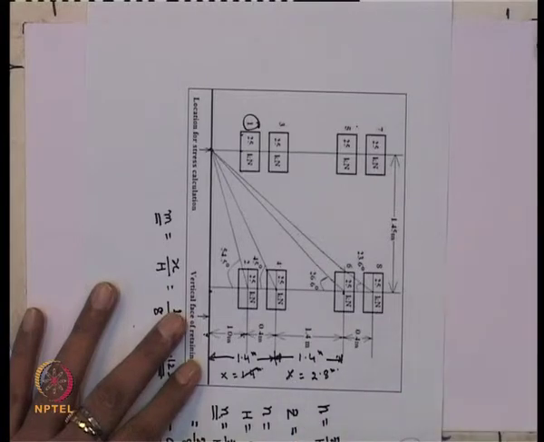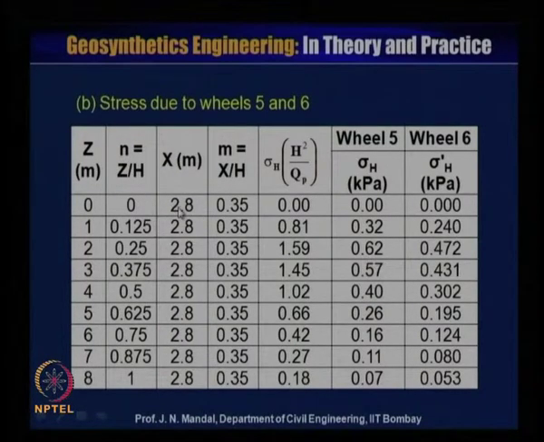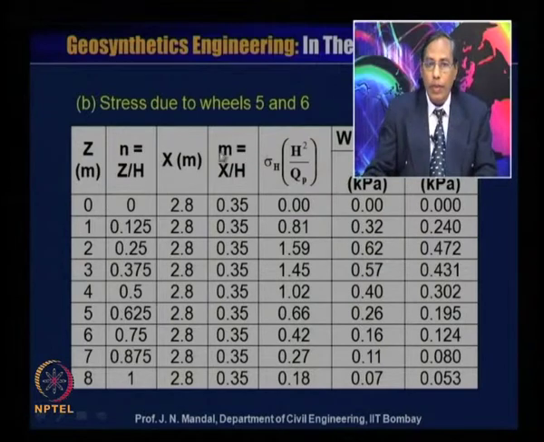So this x is 2.8 all along the depth. And because z goes from 1 to 8, n will be the same, and now only x will change to 2.8. Now you have to calculate what is m. M is equal to x by h.